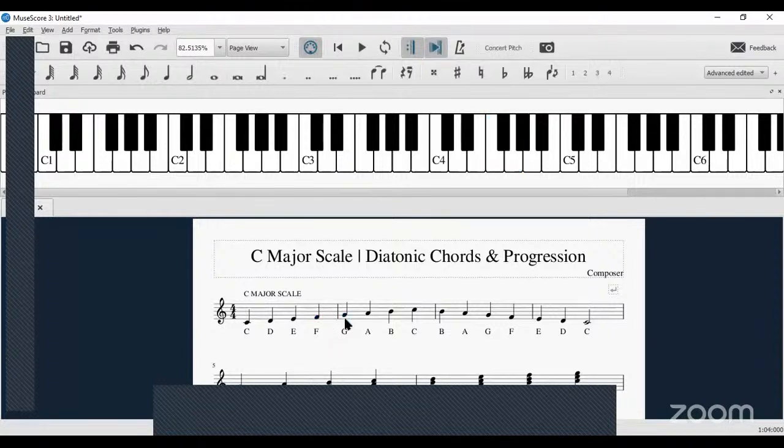From G to A, this is a whole step. From A to B, this is a whole step. From B to C, this is a half step.